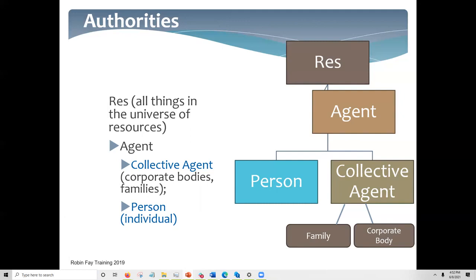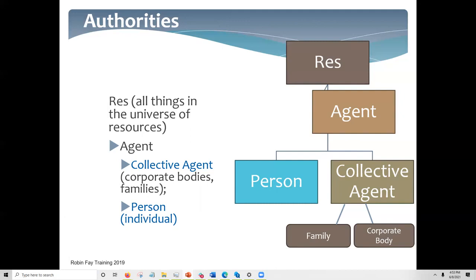Looking at our universe of resources, we started looking at what terminology we're using, and you see corporate bodies still there. Anyway, we started looking at our language in terms of what we are referring to and how things fit together. For identities, we're using the term agent, and that's for all of our identities.